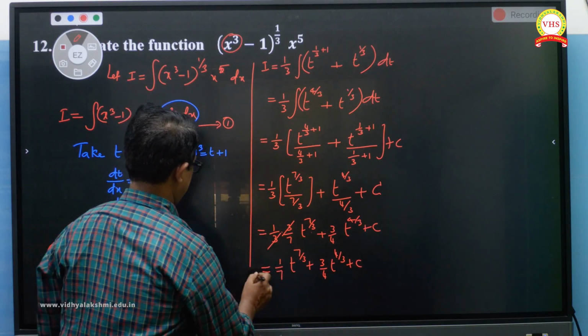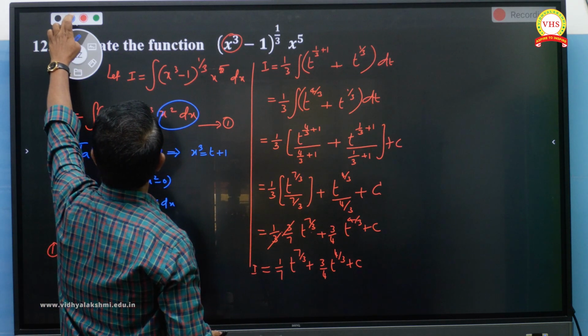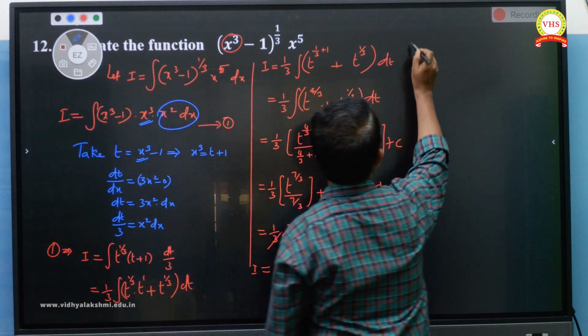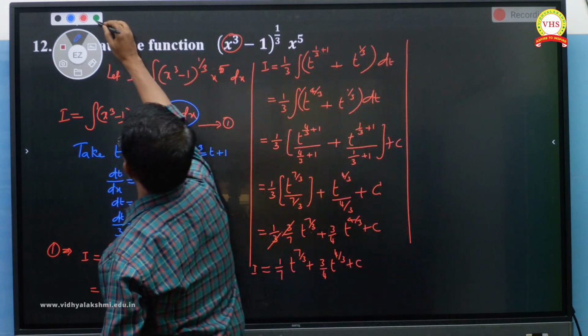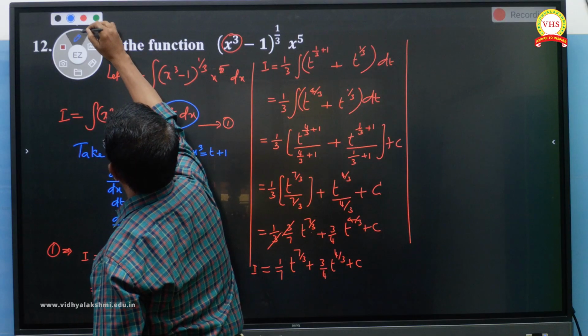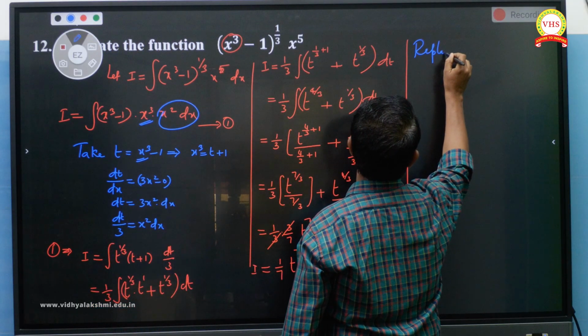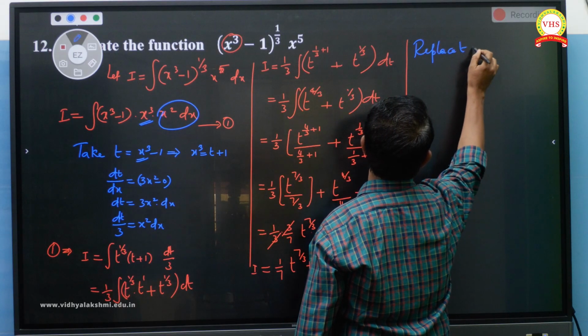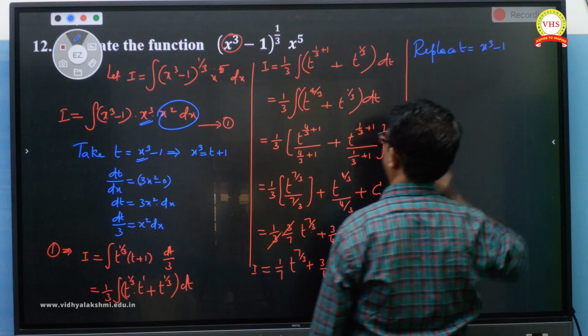Now finally we need to replace the t value, because the conclusion should be only in terms of the given variable. Therefore you should replace that t value. What is t? We assigned it here, that is x cube minus 1.